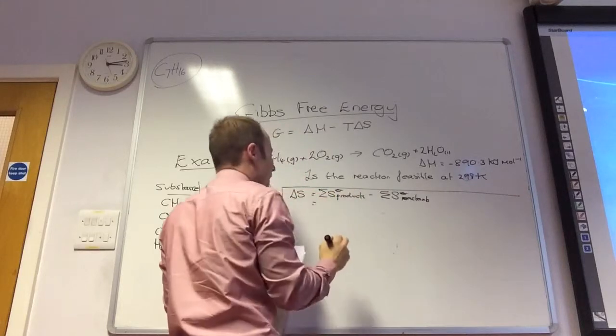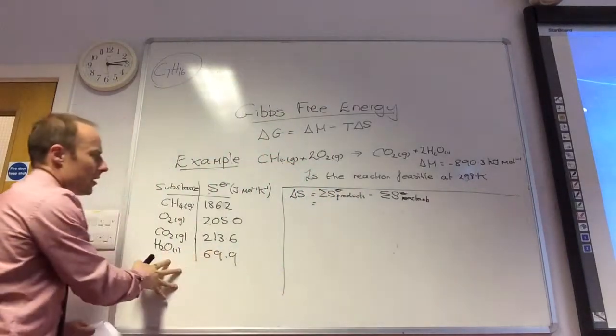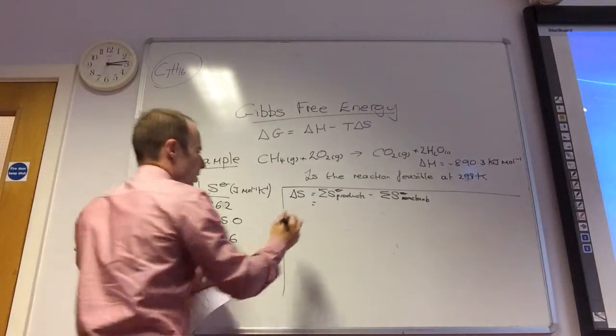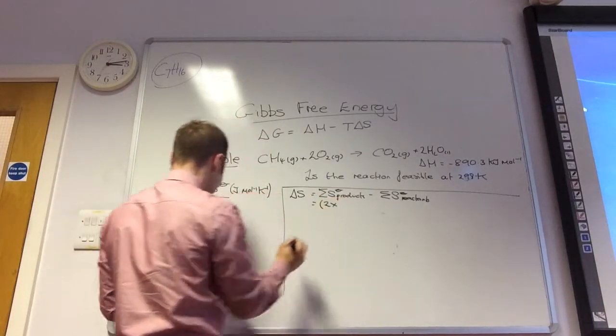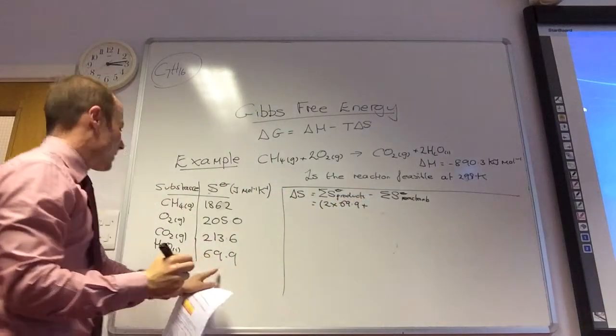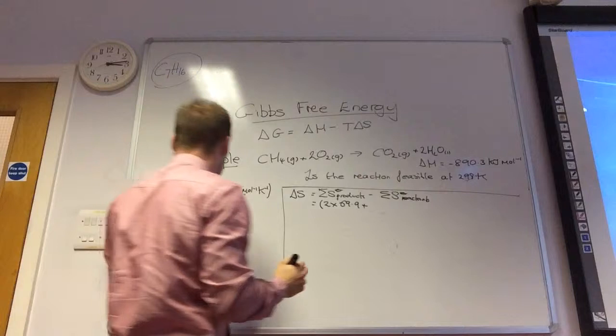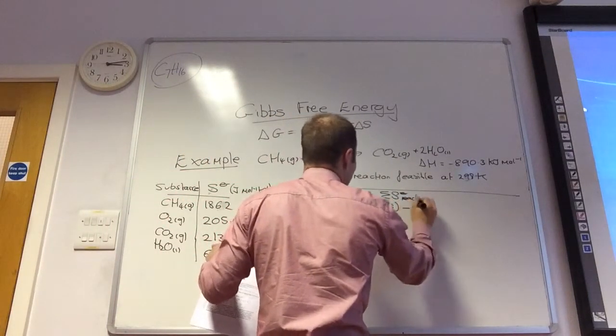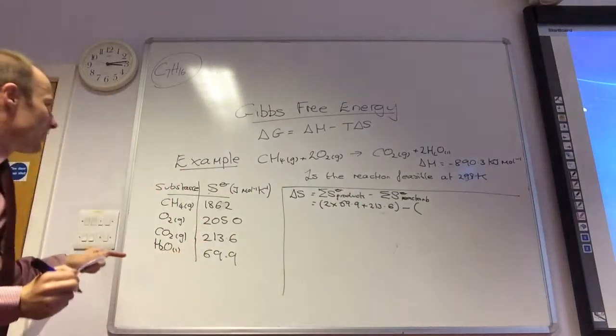So let's do that. The products, I've got the table here. I've got 2 waters, so I'm going to put it in brackets, 2 times 69.9, plus my carbon dioxide, which is 230.6, minus my reactants.